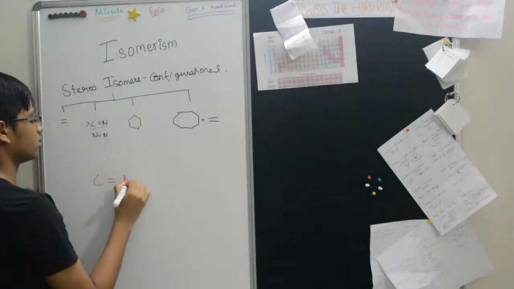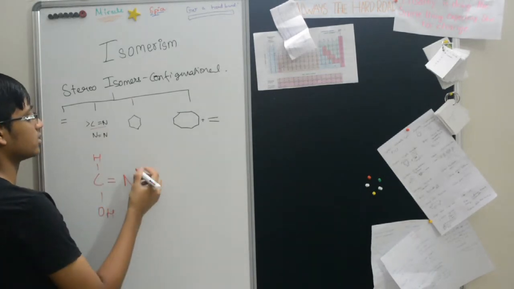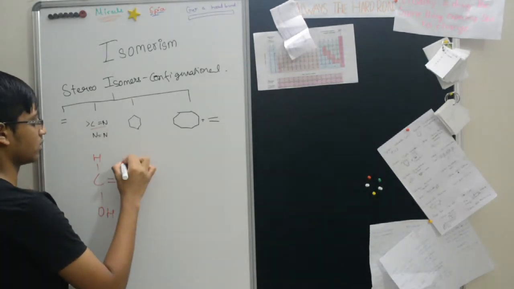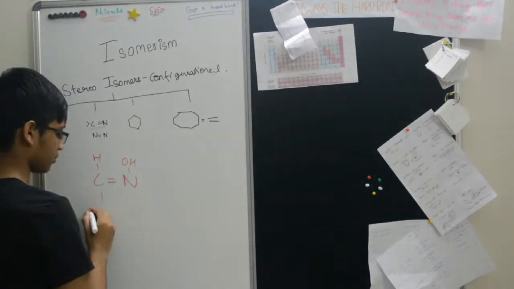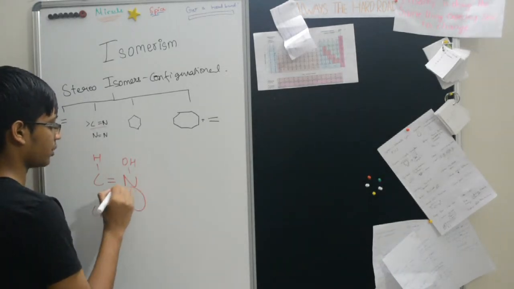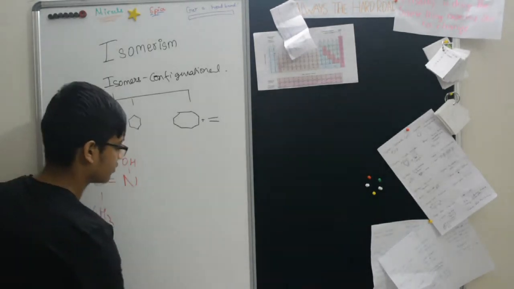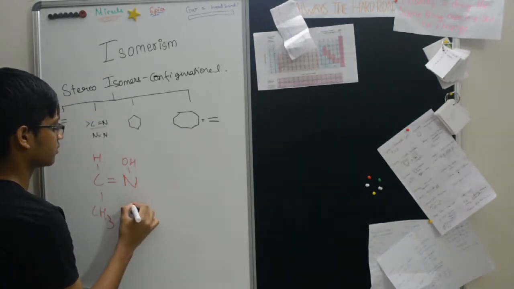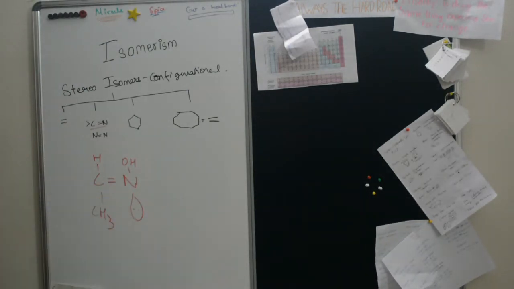C one and there's H over here or OH over here, and this nitrogen can also have OH. You can put a CH3 here. And you know that there is a pair of bond pair electrons in the nitrogen, right? So these bond pair electrons will become the other end, like so. This is the structure of one of the oximes.